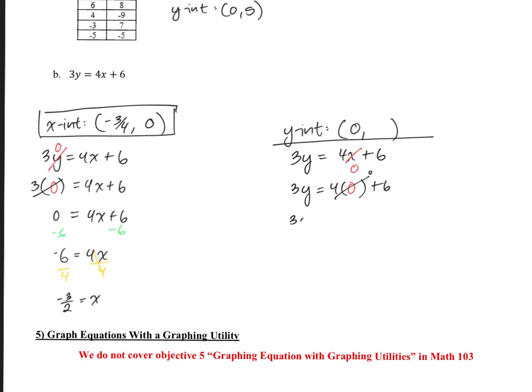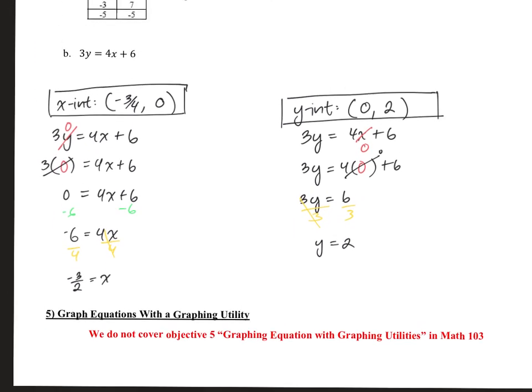So we're left with 3y equals 6. To solve for y, let's divide both sides by 3. 6 divided by 3 is just 2, so y equals 2. I'll go ahead and plug that into my coordinate point, and there we go. My x and y intercepts, I've solved for both of them. Not bad.